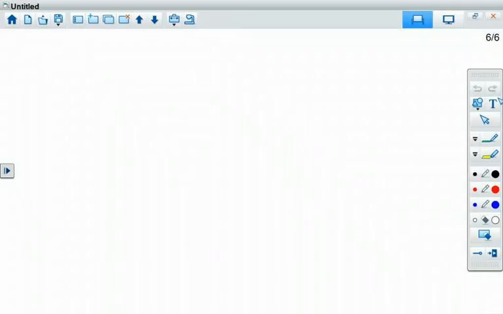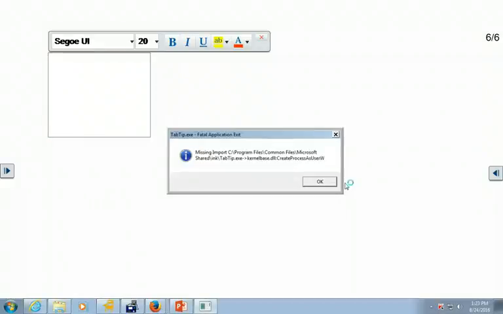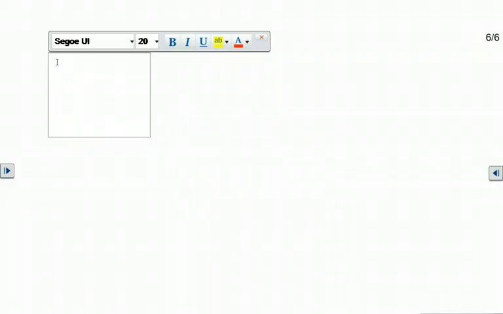So let's take our handy dandy text and let's go ahead and find the prime factorization of, let's go with something simple like 32.